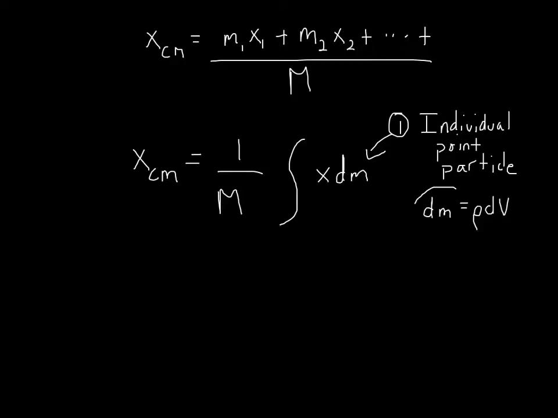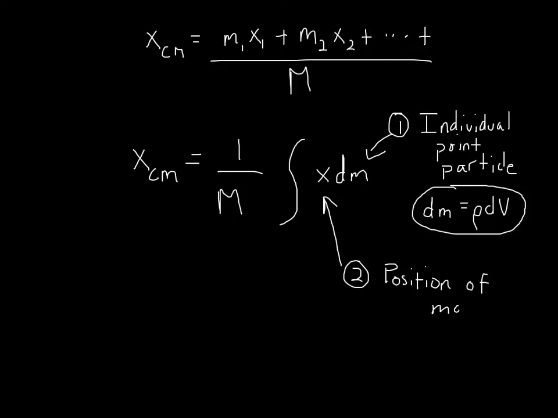This is going to be a very useful formula to know. So remember that one. Our x is going to be the position of that piece of mass, where my tiny little piece of particle is. And then finally, our big M out front is the total mass inside of our object.